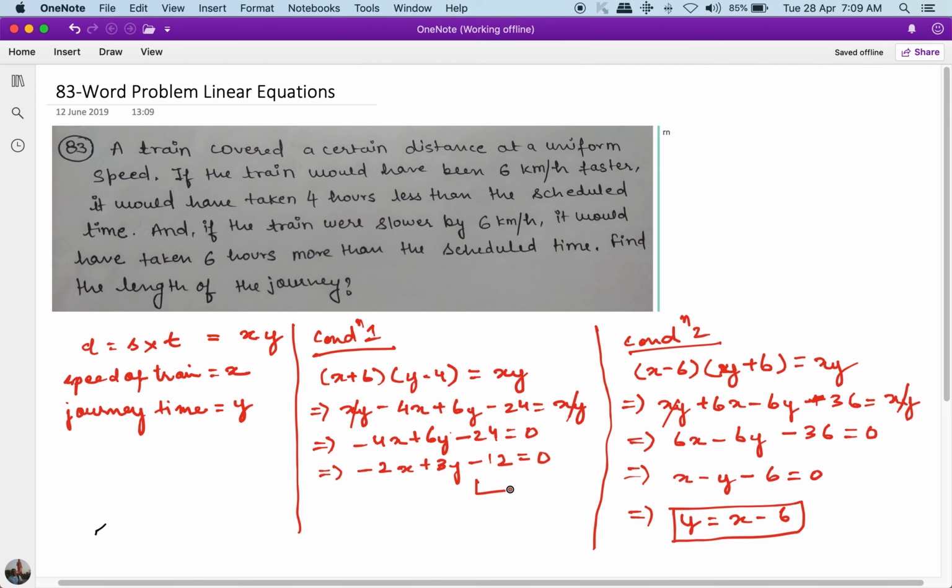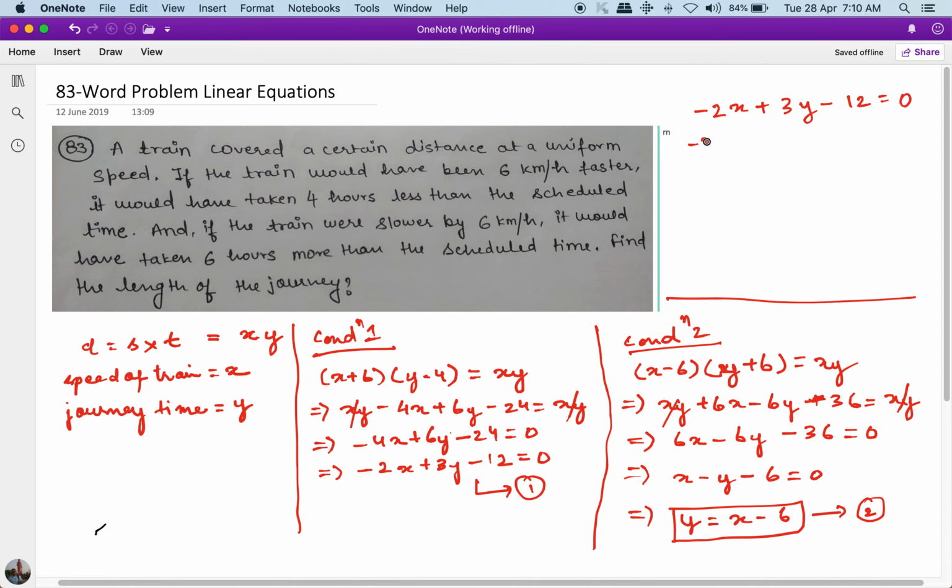This is my equation 1 and this is my equation 2. All I have to do is substitute the value of y from equation 2 into equation 1, and what I get is minus of 2x plus 3y minus 12 is equal to 0.